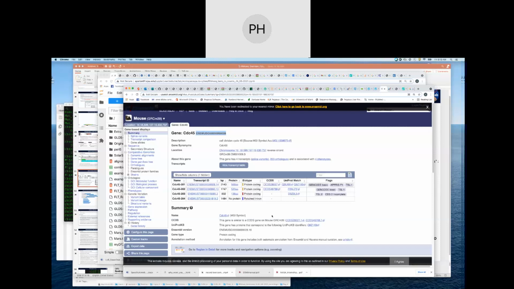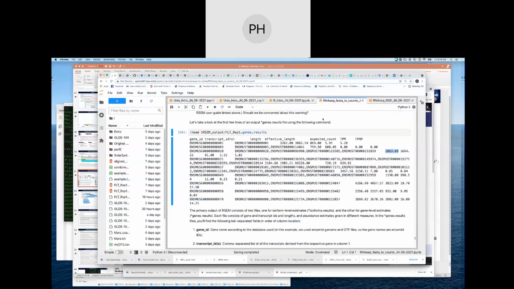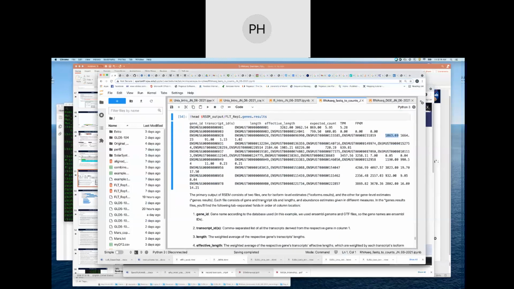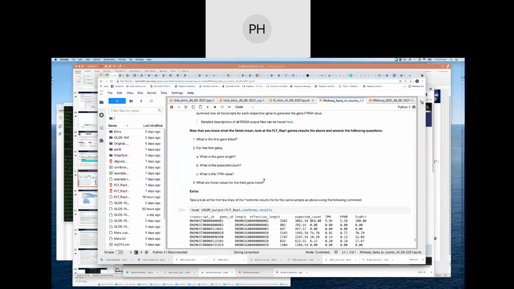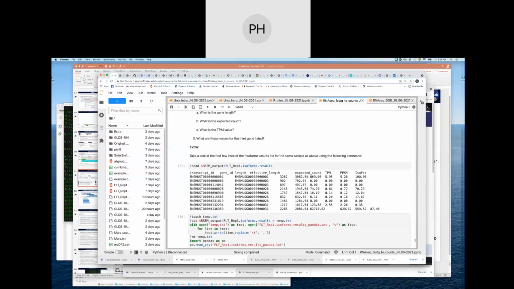And then I took the proportion of each one based on the isoform percentage. Just to remind you guys where that came from, if you remember, after we took a look at the genes.results file, we took a look at the isoforms.results file. That breaks down and tells you just about the same information with an extra column for each transcript for every gene.